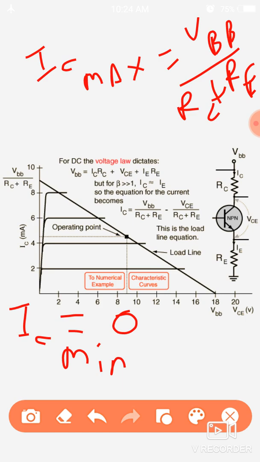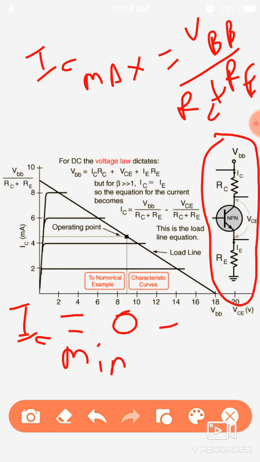To operate any transistor, whether PNP or NPN, in such a manner, the collector current must lie between this minimum value and this maximum value.